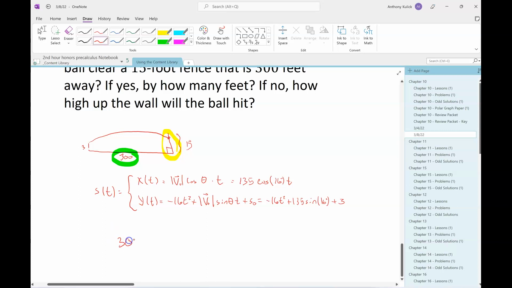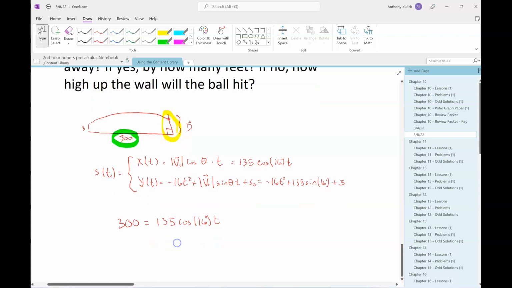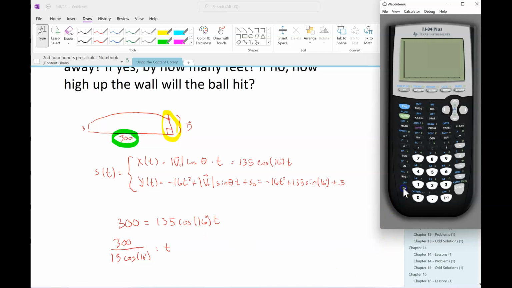That is, in the x direction, so I'm just going to solve that equation for t. Everybody feel okay with what I did there?